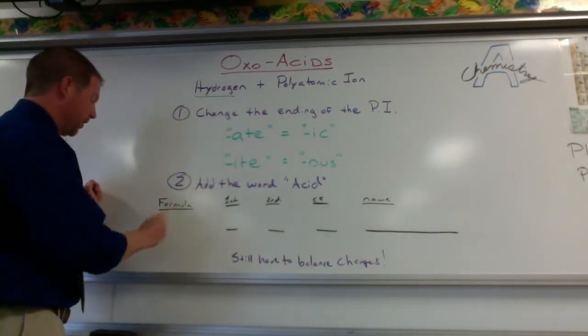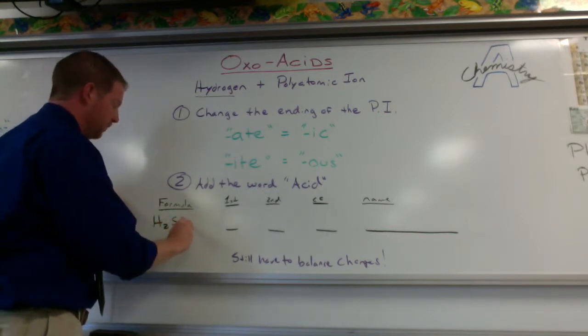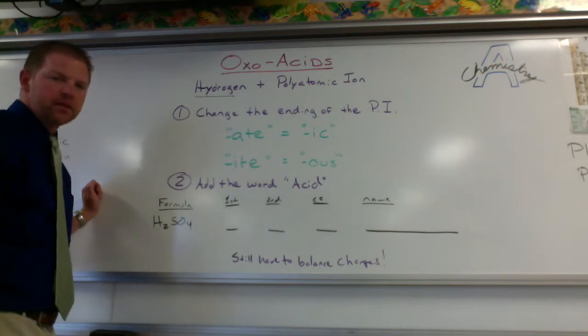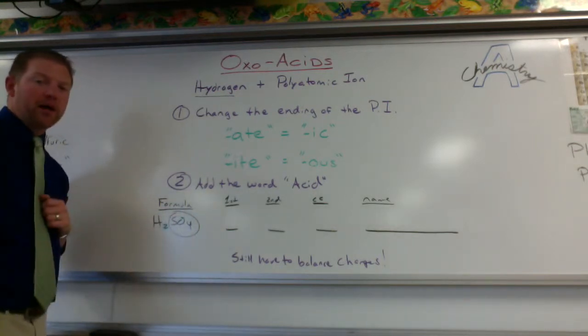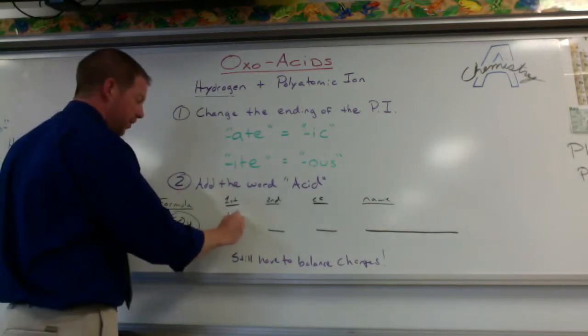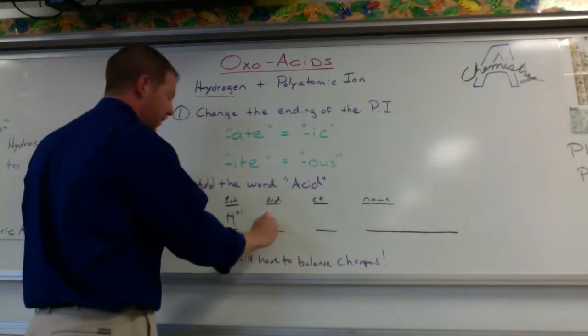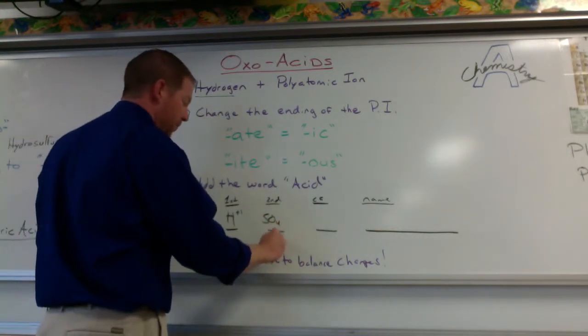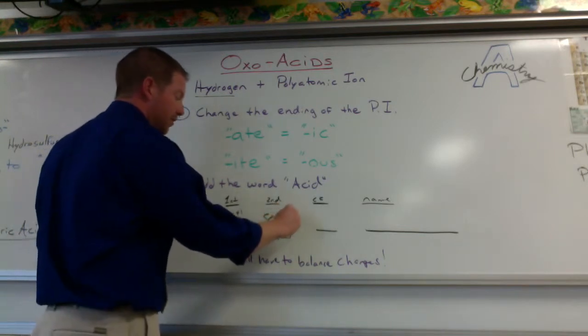So for example, let's say I have H2SO4. Now SO4 is a polyatomic ion, so I always circle polyatomic ions. My first symbol is H. H is a +1. My second symbol is the polyatomic ion SO4. I put it down here, draw my little arrow, show the charge. SO4's charge is -2.